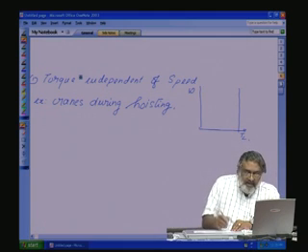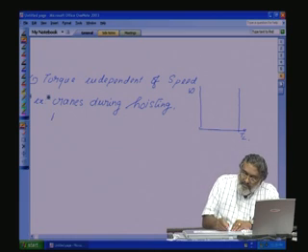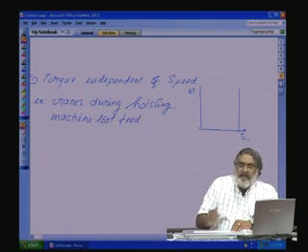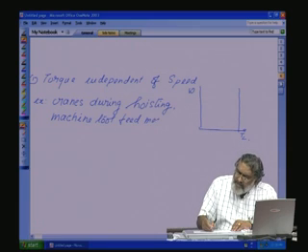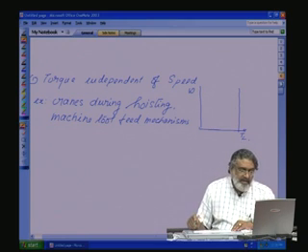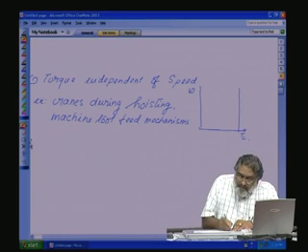Then, machine tool feed mechanisms. These are some of the examples. Many examples you can find in many textbooks. I am giving some examples. Then 2.